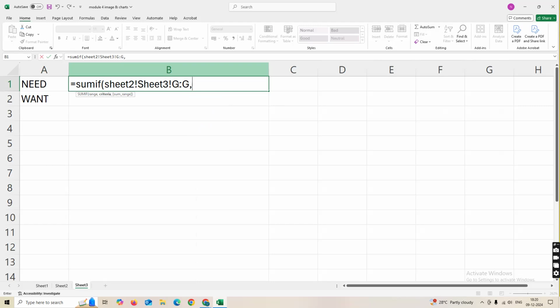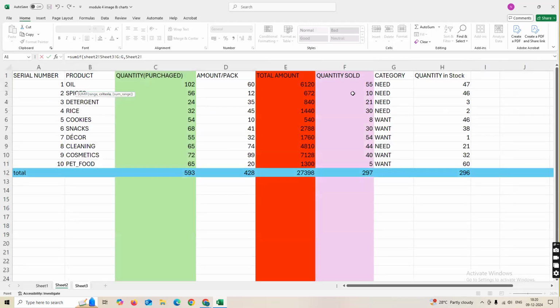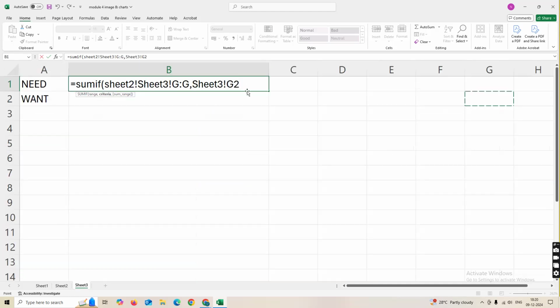Now, when you are writing need, it should be written in the same format. If you have used uppercase, use uppercase. If you have used lowercase, use lowercase. Need is a word, isn't it? In my sheet 2, this is not a number, this is a word. So whenever we are writing a word, it must be written in double quotes.